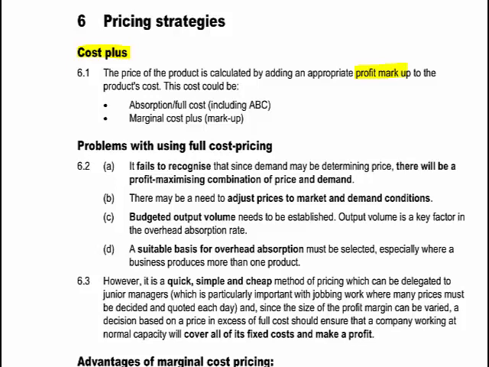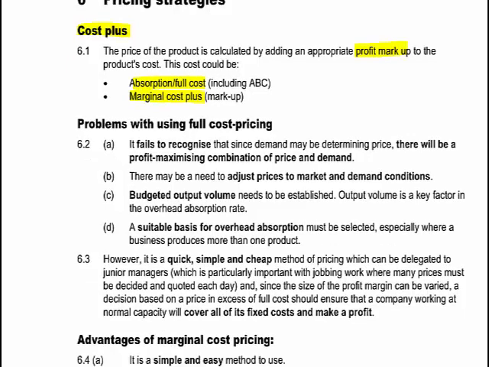What we're going to think about then is the advantages and disadvantages of using absorption costing or full cost production, that would include activity-based costing, to work out the price of the product, or just looking at the variable cost, the marginal cost of producing one more unit.